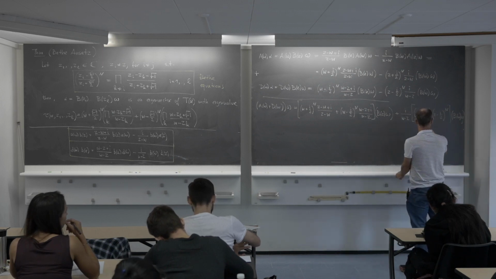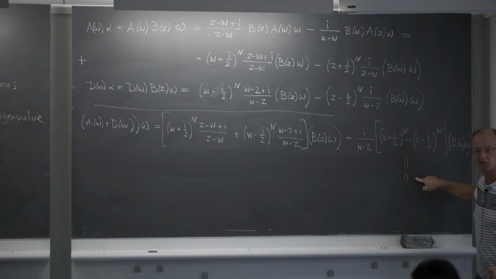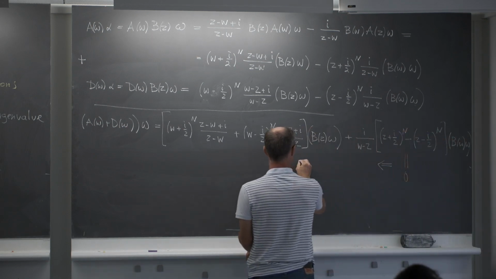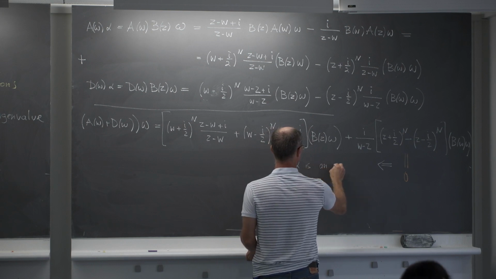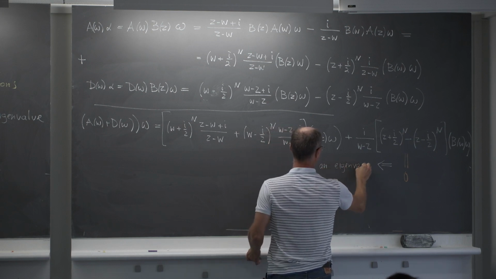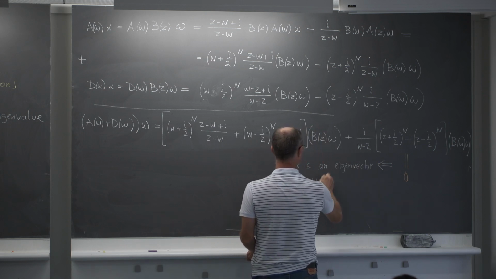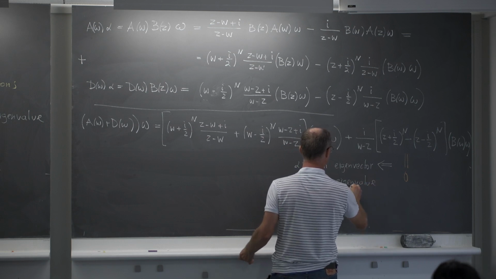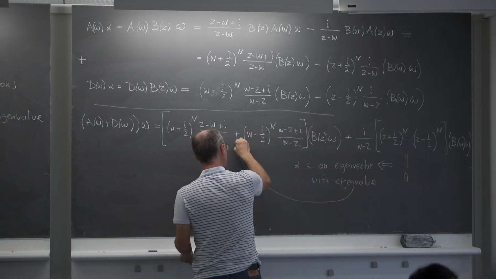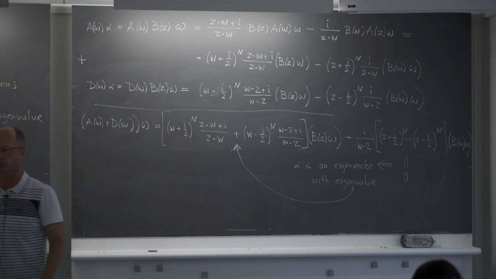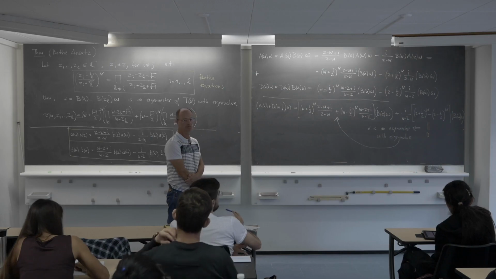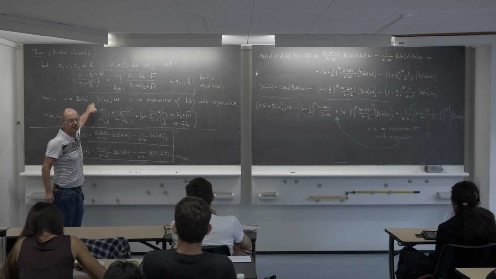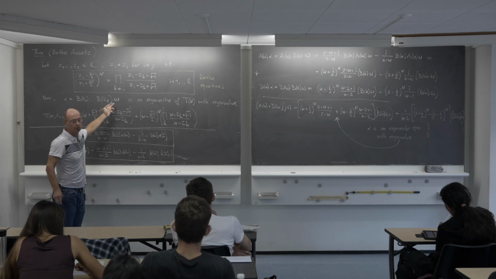So if this thing vanishes, then alpha is an eigenvector with an eigenvalue given by this huge expression. And that was part of what the Bethe-Ansatz theorem was saying for L equal 1.